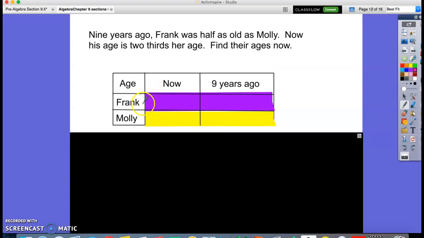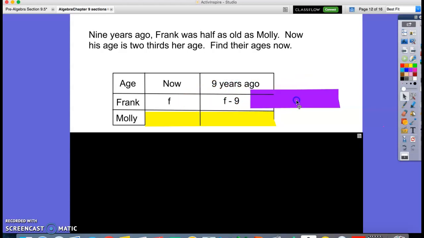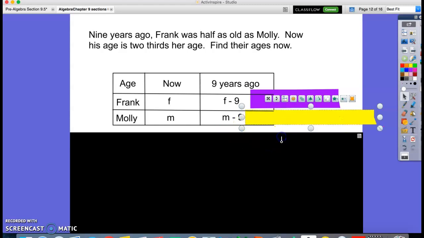For Frank, I'm going to say his current age is F, and 9 years ago he was F minus 9. Molly's current age is M, so 9 years ago she was M minus 9.